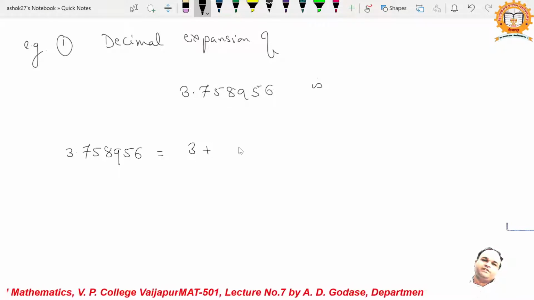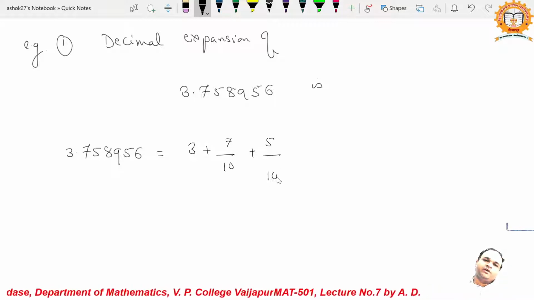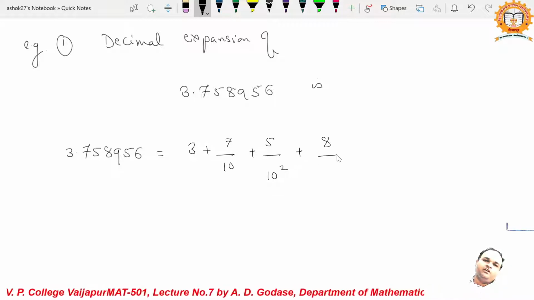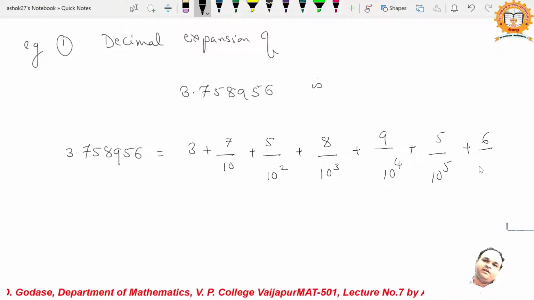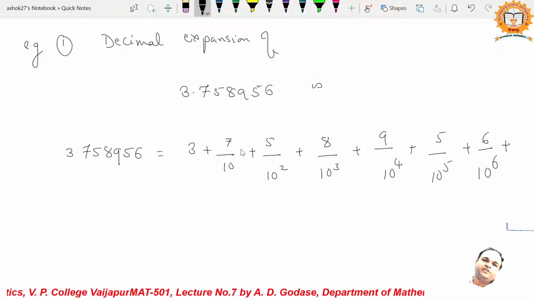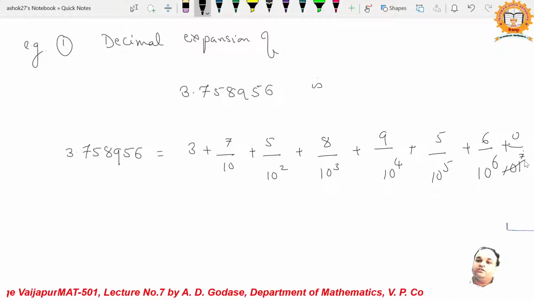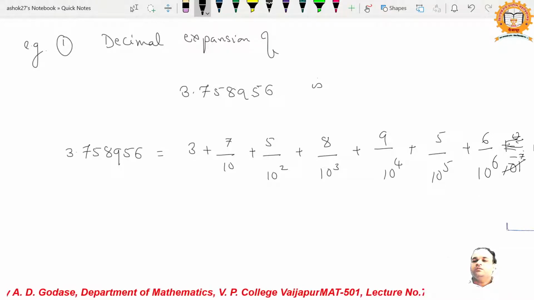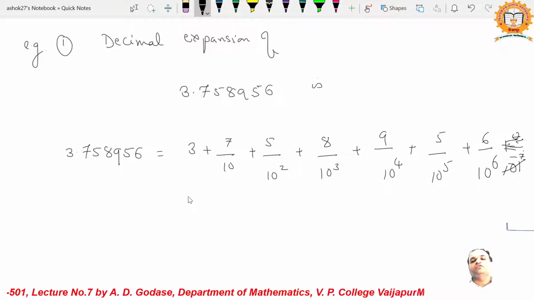It will be 3 plus 7 divided by 10 plus 5 divided by 10 square plus 8 divided by 10 cube plus 9 divided by 10 raised to 4 plus 5 divided by 10 raised to 5 plus 6 divided by 10 raised to 6. And what is next? The next digit is 0, so that will be 0 divided by 10 raised to 7, and it will be 0. The remaining terms will be 0. So this is the decimal expansion of 3.758956.